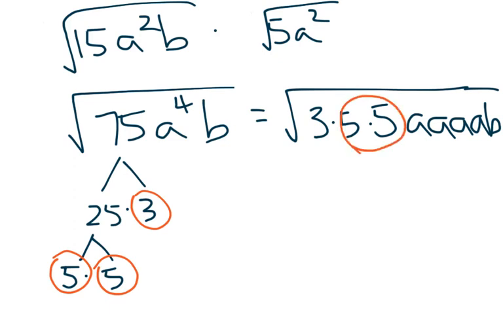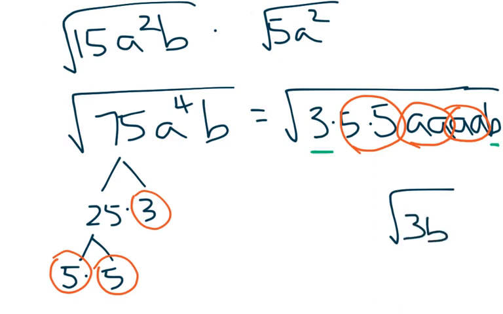Notice I have a pair of 5s, a pair of A's, a pair of A's. The only thing that's going to get left behind is 3 and B. So I already know that in the house is going to be 3 and b. And outside of the house is a 5a. So 5a squared.